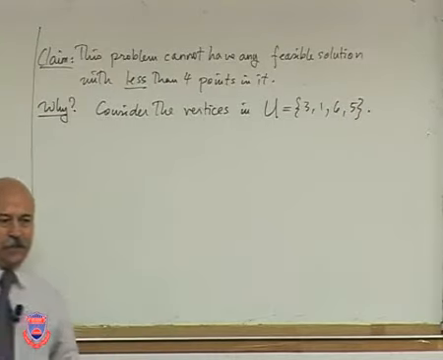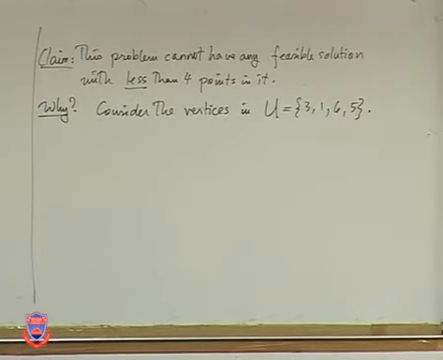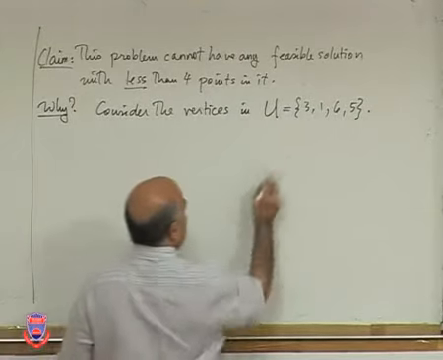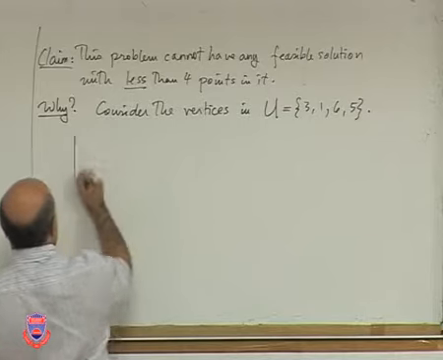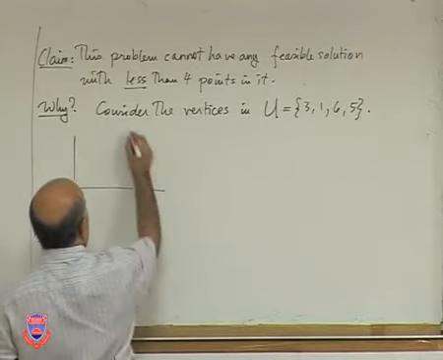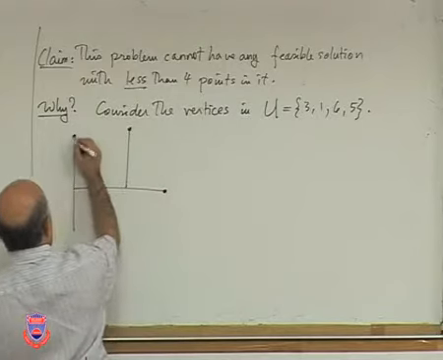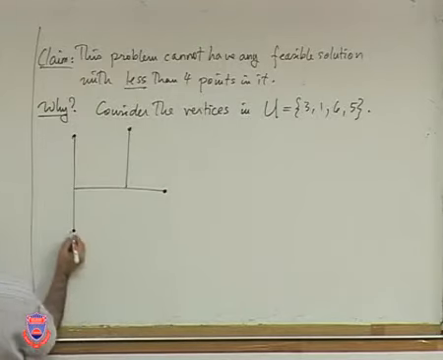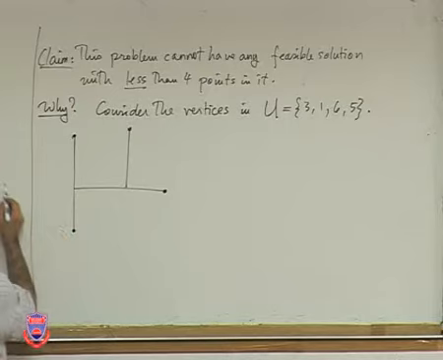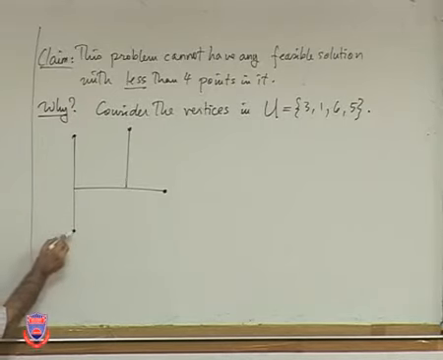Vertices and vertex indices are the same as far as I'm concerned. So consider the vertices in U, 3, 1, 6, 5. When you look at those vertices, well, let's just mark them here.